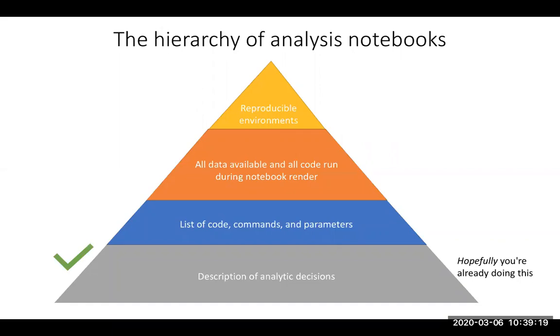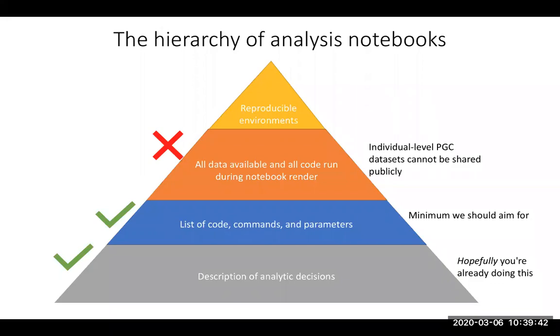Hopefully people are already, in a lab book somewhere, taking note of decisions and why they used certain parameters. Using a notebook as a place to list commands and code is what we're aiming for using the PGC GitHub right now. The ability for the notebook to be run and compile all of your results in real time isn't completely practical for the PGC because we have a lot of data sets that cannot be publicly shared.